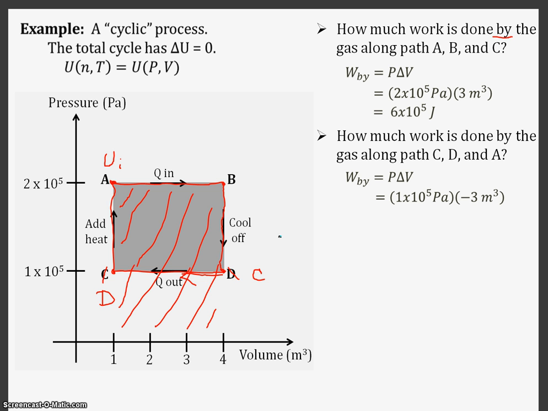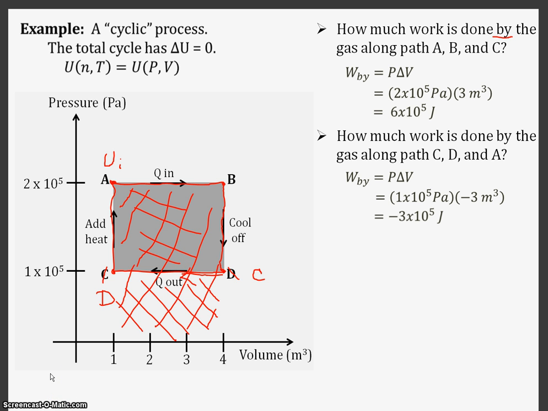So it's 100,000 pascals times negative 3 cubic meters, and you end up with negative 300,000 joules. So basically this area underneath line CD is taken away from the work done by the gas. So the total work done by the gas is the shaded area inside the rectangle here.